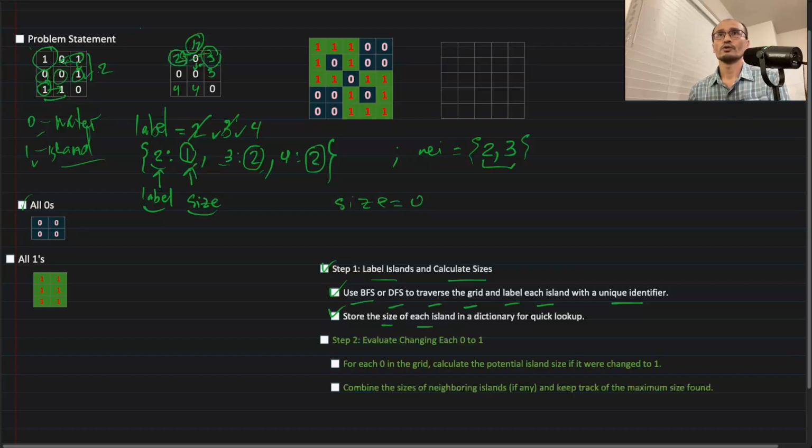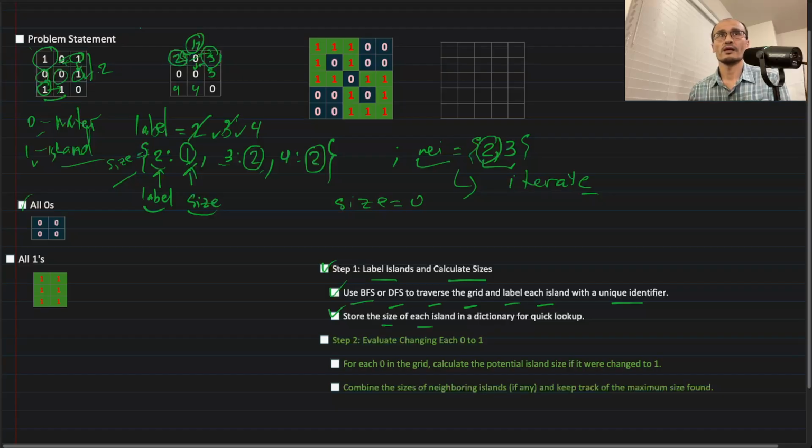Then what we do, we iterate this set and check each element, because each element is a label of the island, right? Then we check in the size dictionary. From the size dictionary, we check for this label.